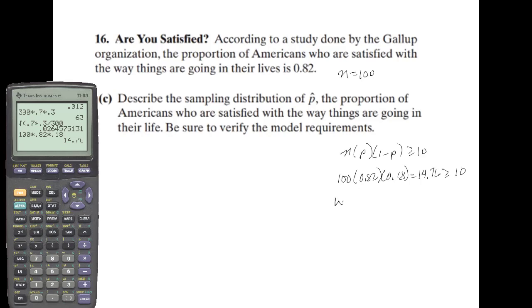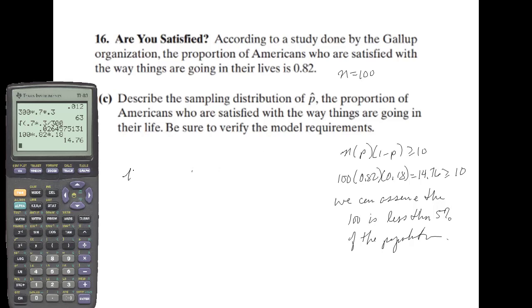And we can assume that 100 is less than 5% of the population. Okay, now I want to find the parameters. So we want to find those two parameters.